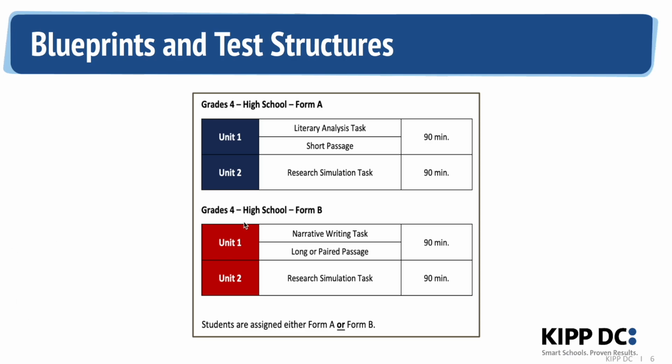So as you can see, Unit 2 stays the same throughout. What's different, for example, let's look at Form A. Students who receive this form will take the literary analysis task along with a short passage. And students who receive Form B will take the narrative writing task along with a long or a pair passage. And then in Unit 2, they will take the research simulation task.